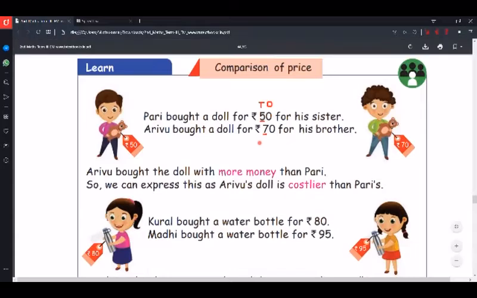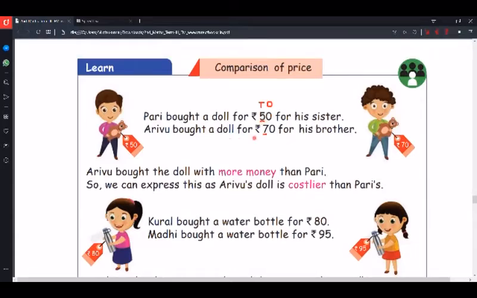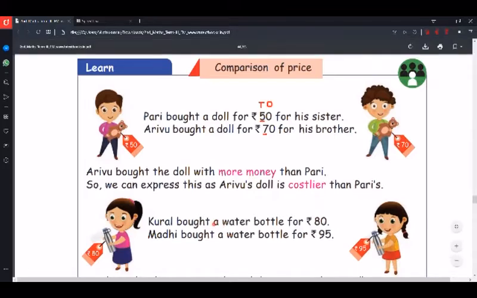See here, Pari's doll is only 5 tens. Arivu's doll contains 7 tens, isn't it? So it is more money and we can express this as costlier. More money, நிறைய காசு இருந்தா அது பேர் என்ன? நிறைய காஸ்ட் இருந்தா அதுக்கு காஸ்ட்லியர்னு சொல்லுவாங்க. சரியா? Costlier than Pari's.